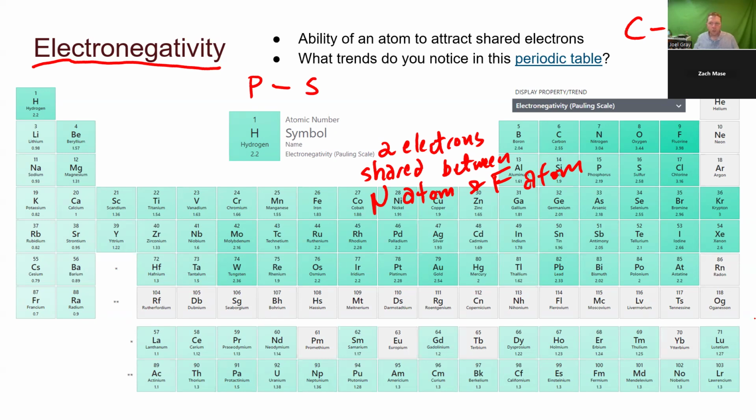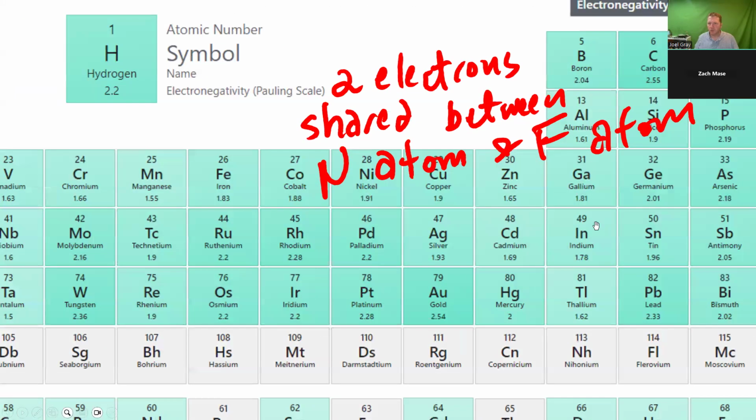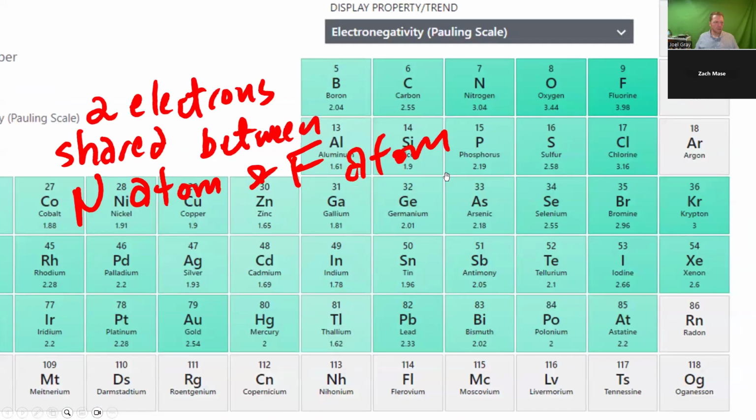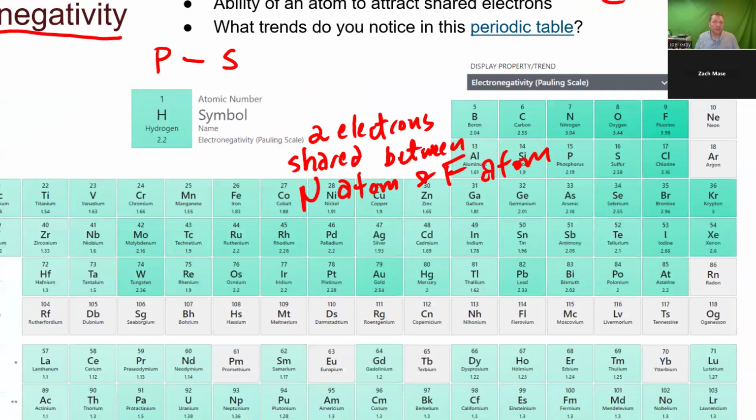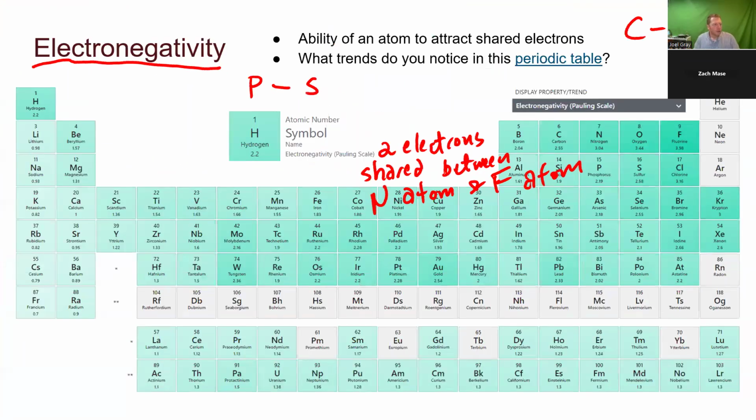I want you to add to the chat which of these two elements, P or S, has a greater claim to these electrons. I'm seeing lots of S's, and you're absolutely right, because it's more electronegative.